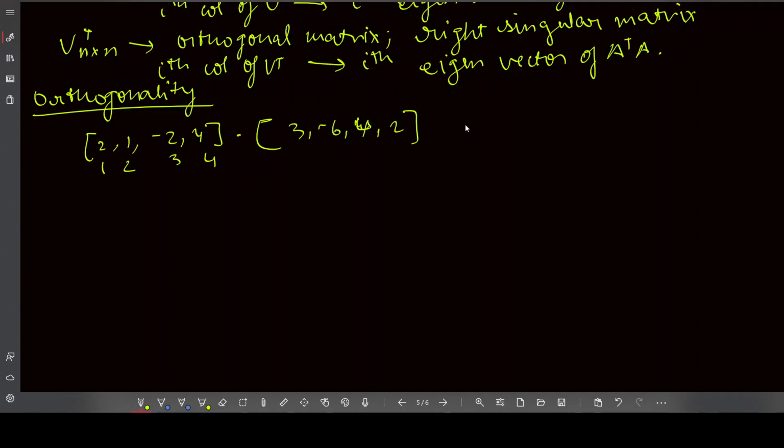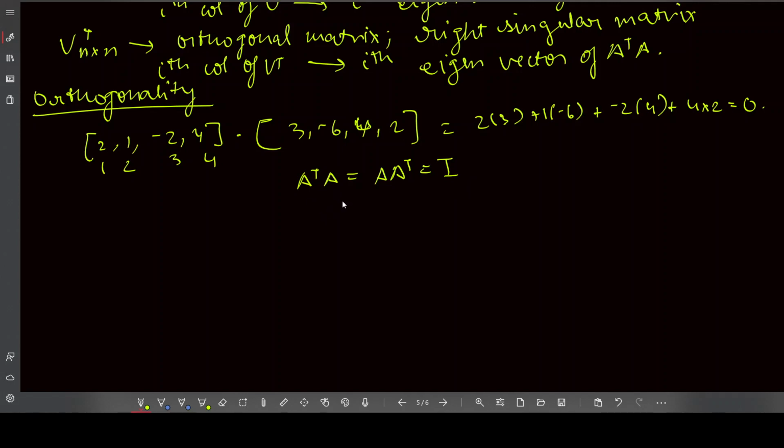The dot product is 2 into 3 plus 1 into minus 6 plus minus 2 into 4 plus 4 into 2, and this is equal to 0. That's what orthogonality is.